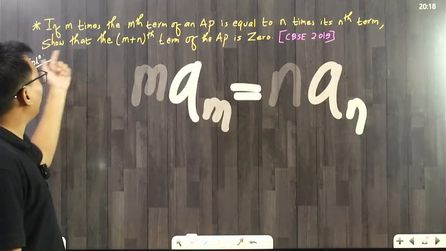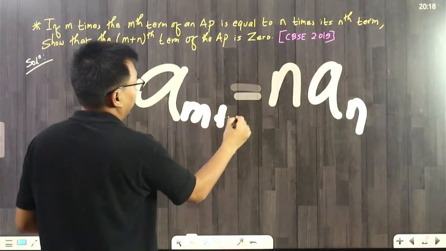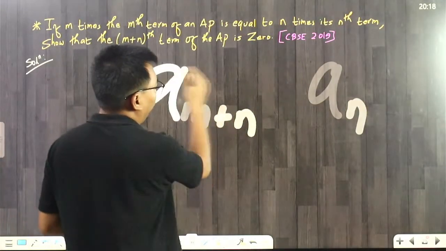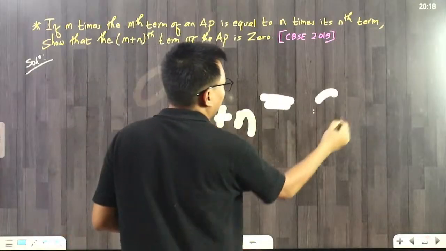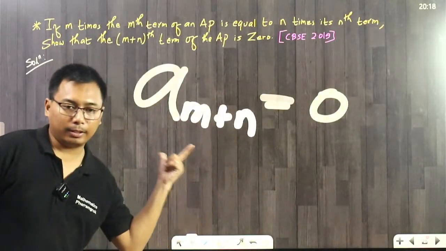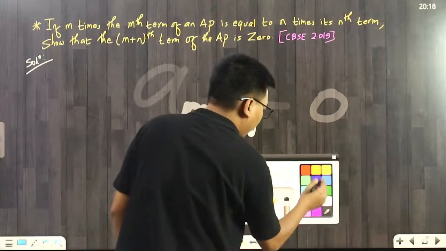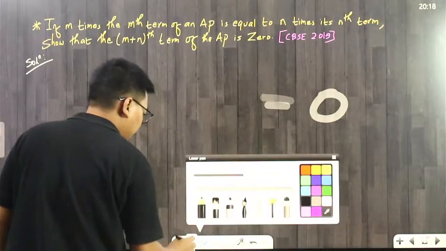We have to find the (m plus n)th term. Actually, we have to prove, not just find, that this (m plus n)th term is 0. All right, let's start.